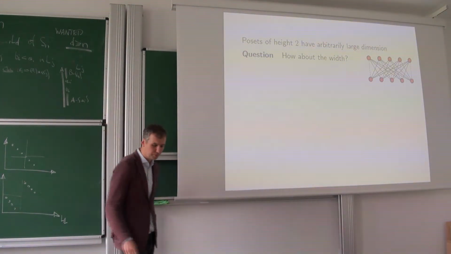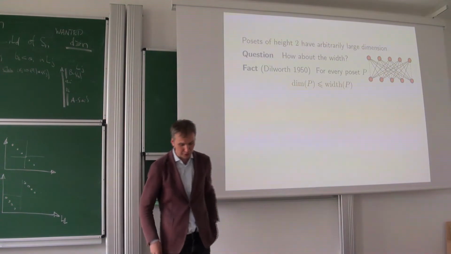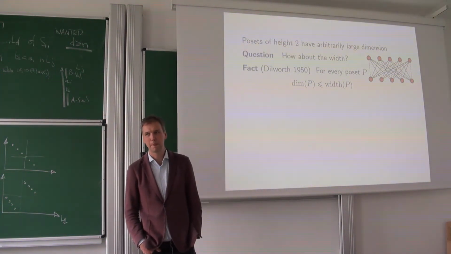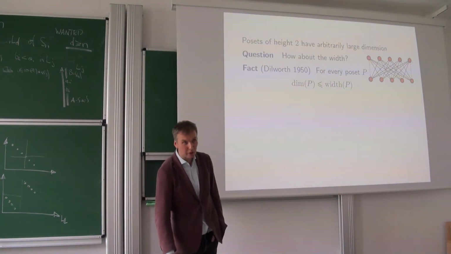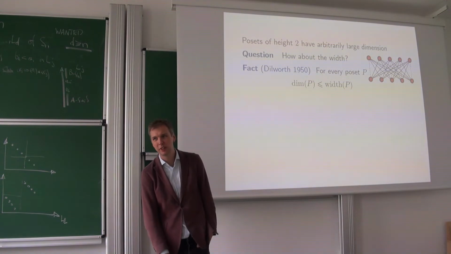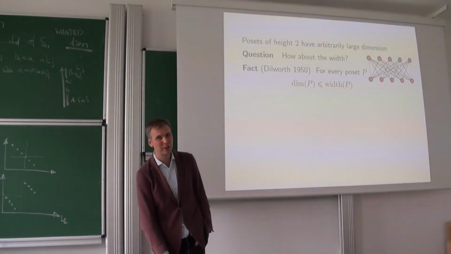So Dilworth already observed that dimension is bounded by the width. How to argue that? In 1950, it's the same paper, it coincides with the Dilworth chain partition.